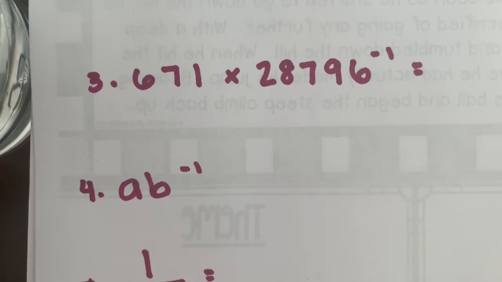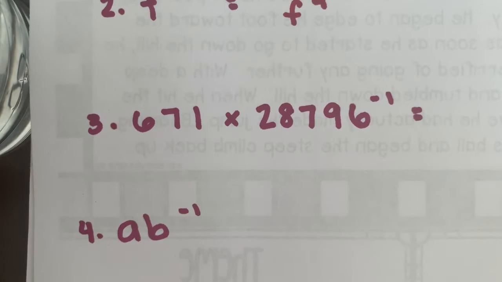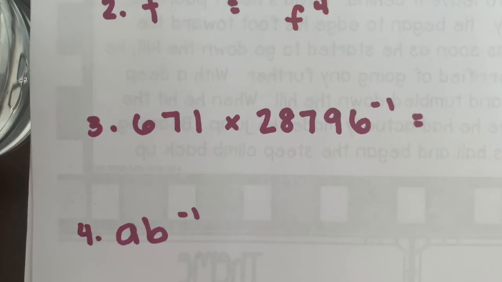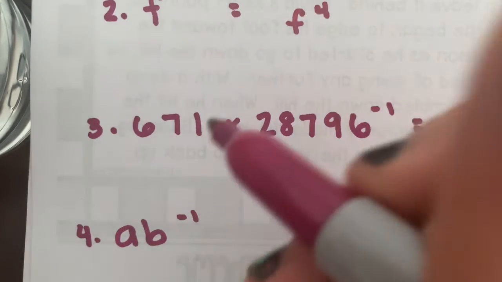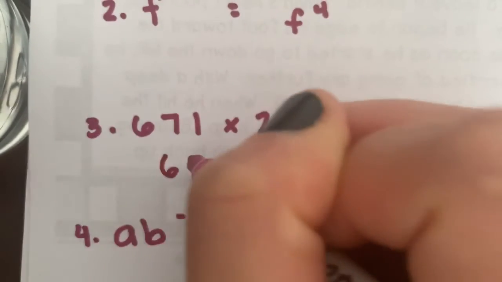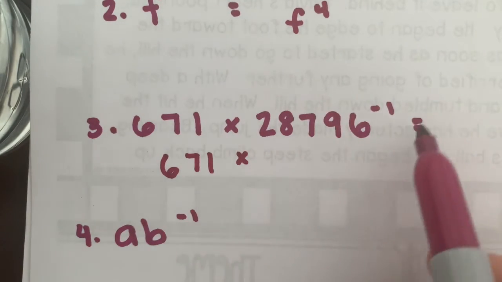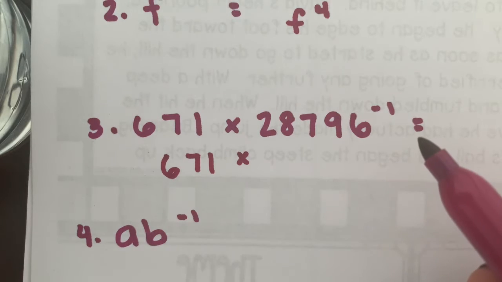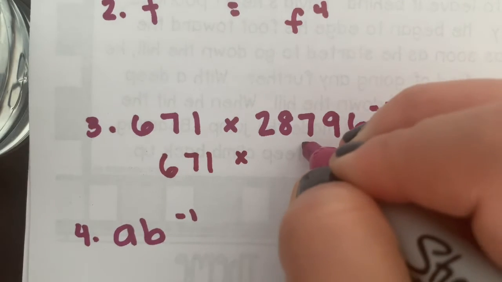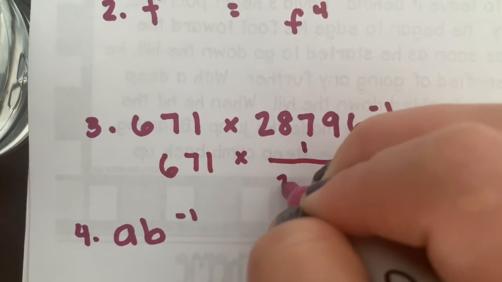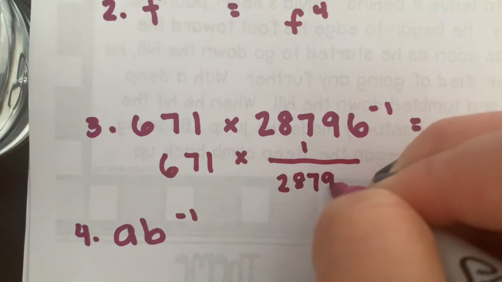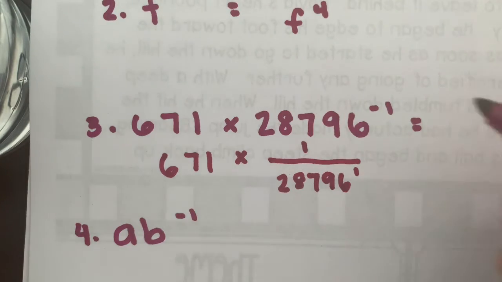Okay, this next one, 671 times 28,796 to the negative 1. Let's just keep 671 the same. What do we have to do to change this number? 1 over 28,796 to the first power.